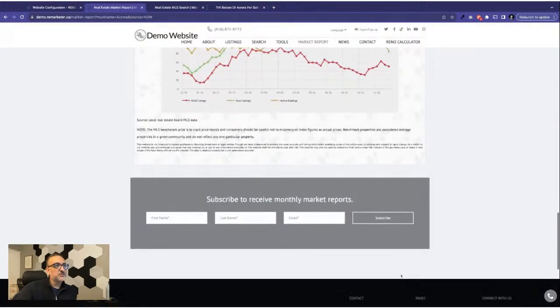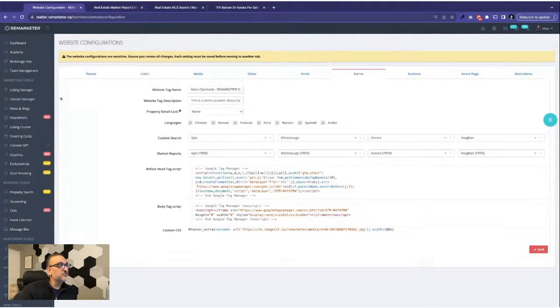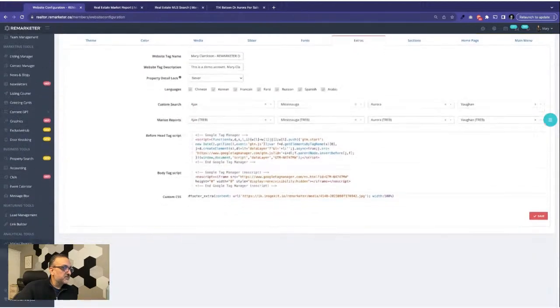So this is one set of market stats that you have available on your website. But if you want to do some really in-depth market analysis, it's best to go to the back end, where you have access to more information in the same place. So let's start off with the market reports.